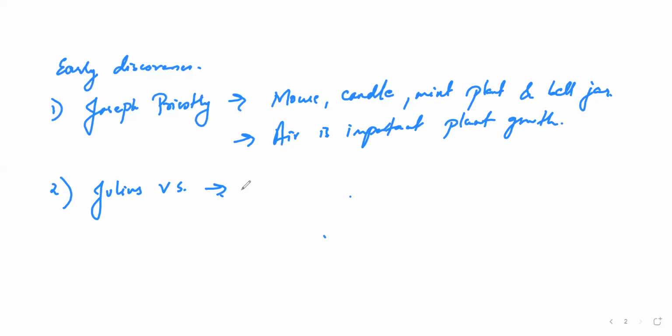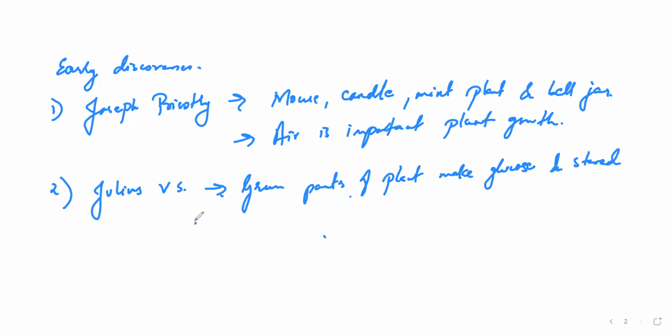So here the statement was: green parts of the plant make glucose, and it is initially stored in the form of starch.